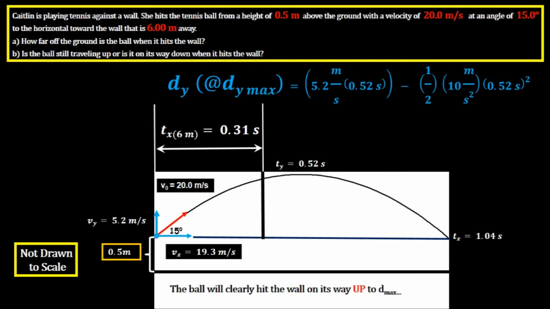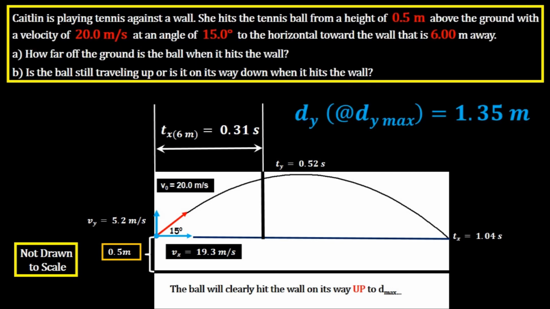It should be plus that quantity, but 10 is negative, so that whole second term will become negative. I'm doing it this long way because I'm going to be doing the 0.31 second dy height in the same fashion. And I see dy is going to be 1.35 meters.